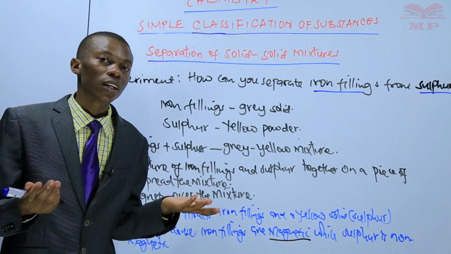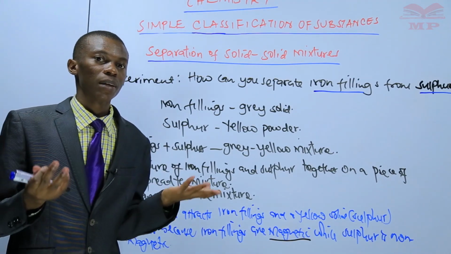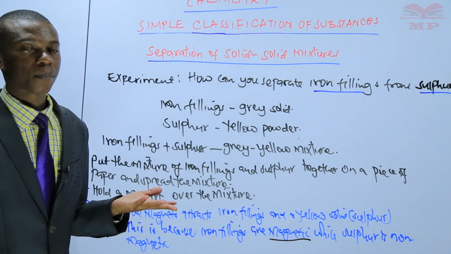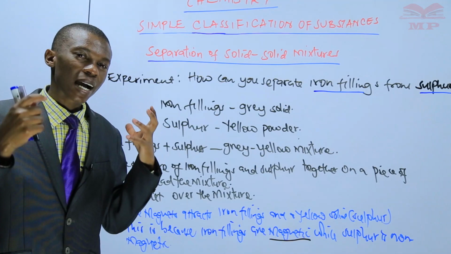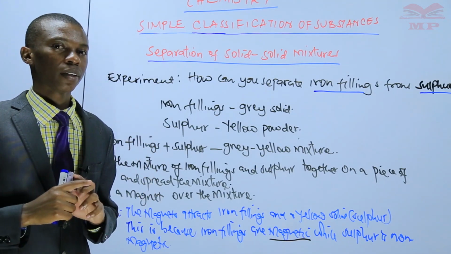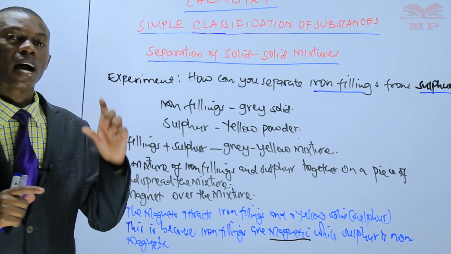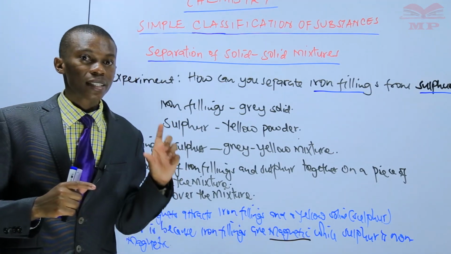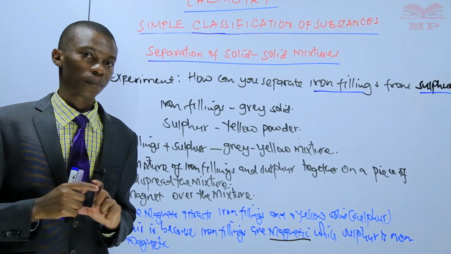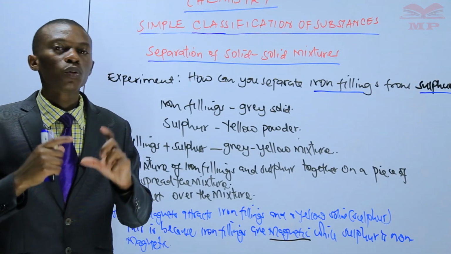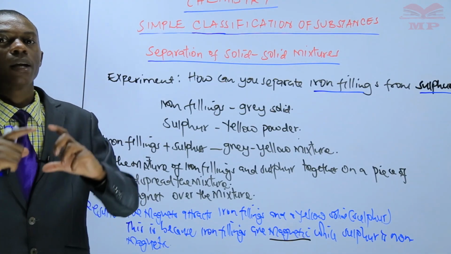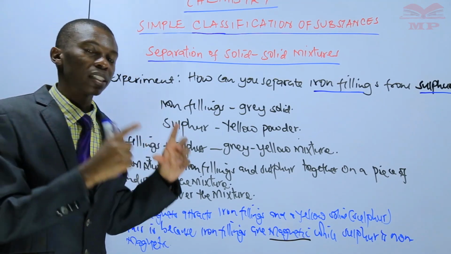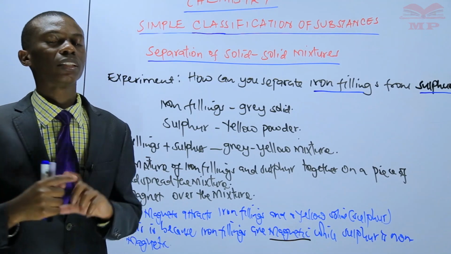That way, you'll have separated the mixture of iron filings and sulfur. What has helped you to separate them is that iron filings are magnetic, while sulfur is not. Magnetic is the ability to attract: the magnet is able to attract iron filings and not sulfur.